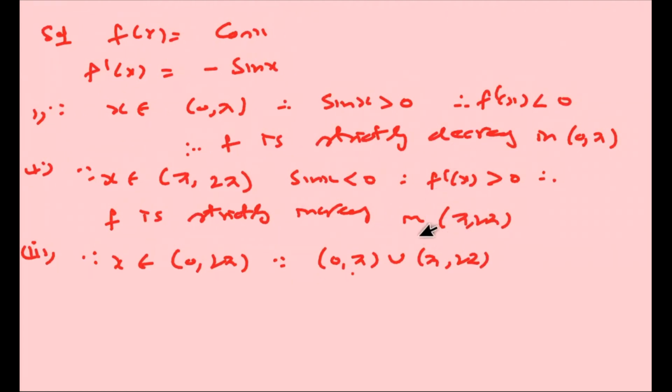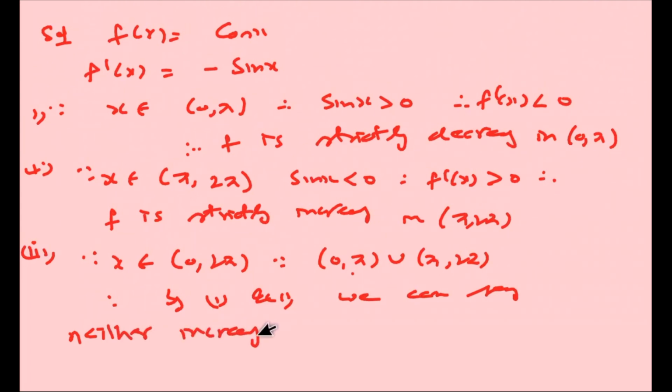So in this interval, we can say it is neither increasing nor decreasing. Hence by 1 and 2 we can say neither increasing nor decreasing. Okay, so this way you understand this topic. I think it will be clear to you.